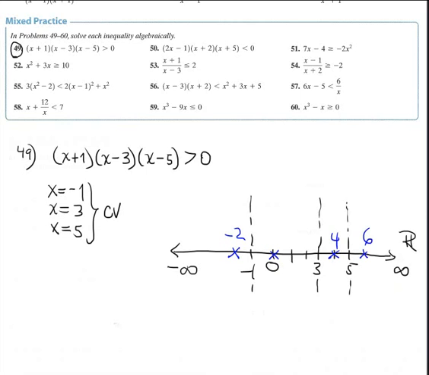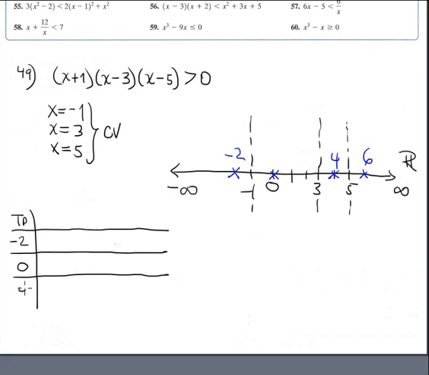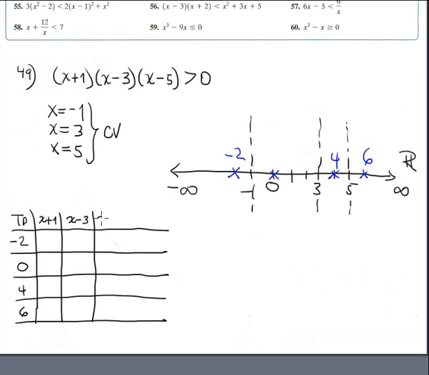In the chart, the testing points are negative 2, 0, 4, 6. The factors are x plus 1, x minus 3, x minus 5, and the total signs.